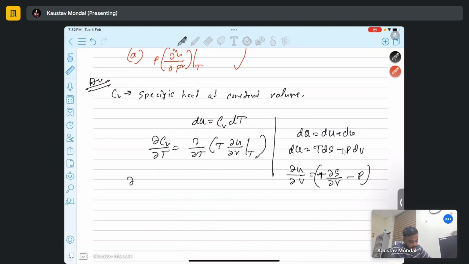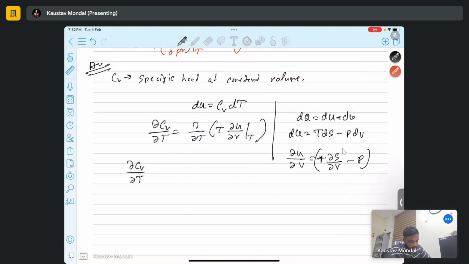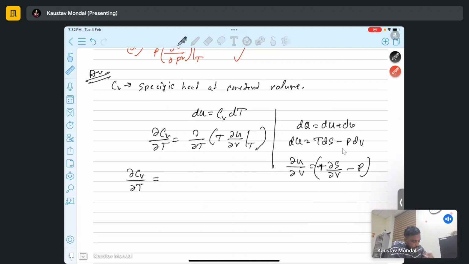Now if you substitute this, del U del V here, it will become del T of T into del S del V at constant temperature minus P.